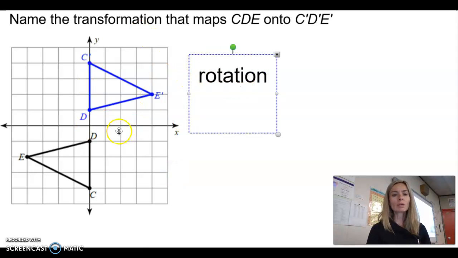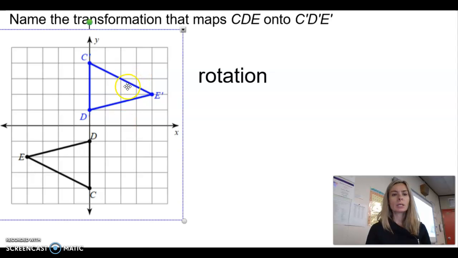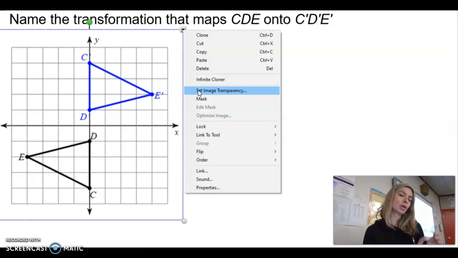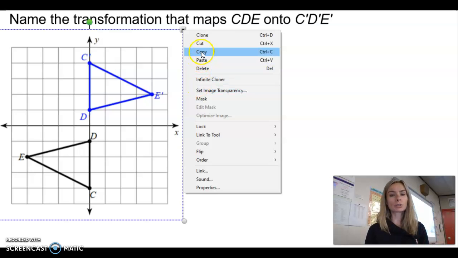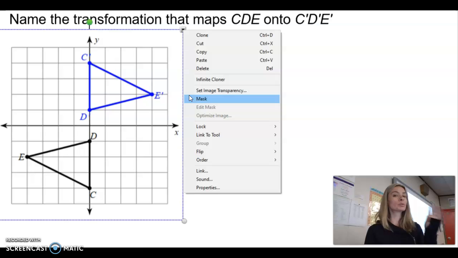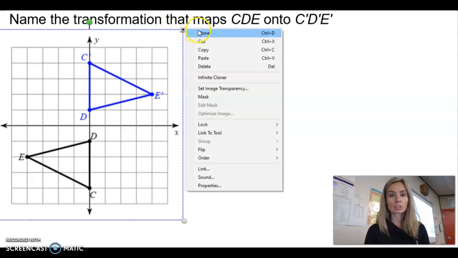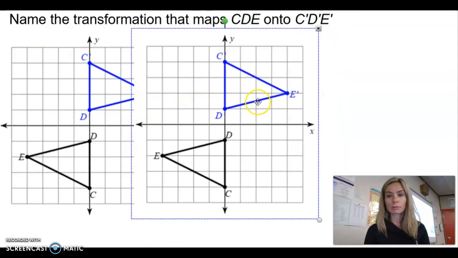If you take a look at this rotation, it moves from quadrant 3 onto quadrant 1, and that would mean that there were 2 turns, which would be a 180-degree rotation.